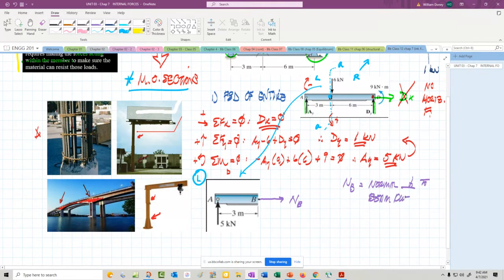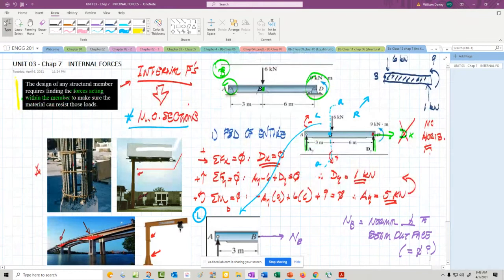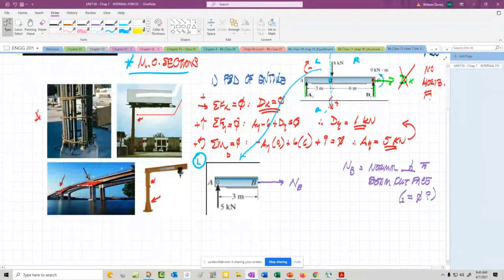I'm going to call it the cut face. This typically ends up equaling 0, so I'll put that equals 0 question mark, because as you can see, there's no loading on this left section of the beam that is horizontal. Just like up here on the right section, there's no loading horizontally. So that typically equals 0.